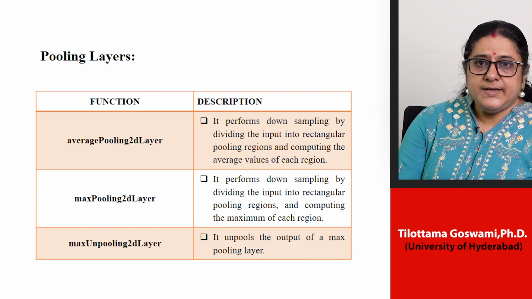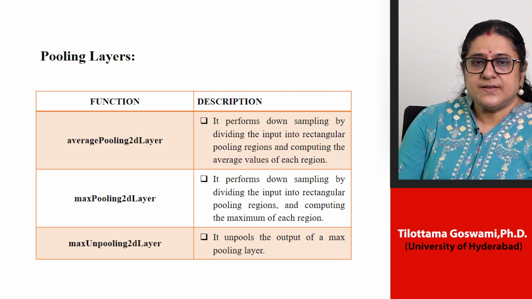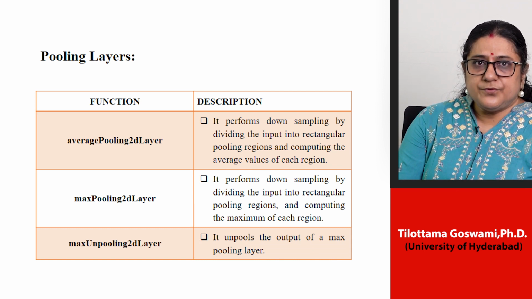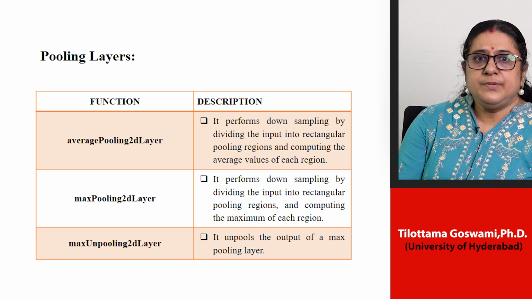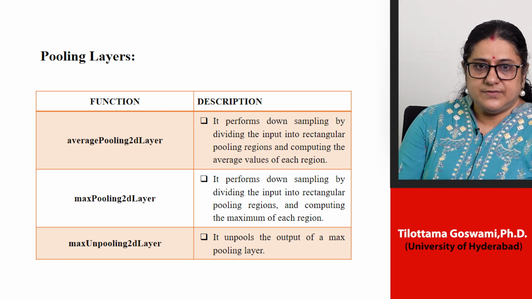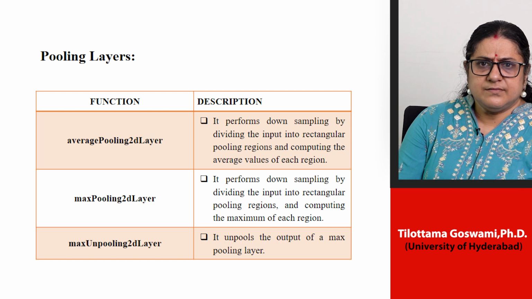Coming to the pooling layers. The pooling layers are mainly used to perform downsampling by dividing the input into rectangular pooling regions and computing the average value for each of the regions. There can be variations, three or more types: average pooling 2D layer, max pooling, max unpooling.